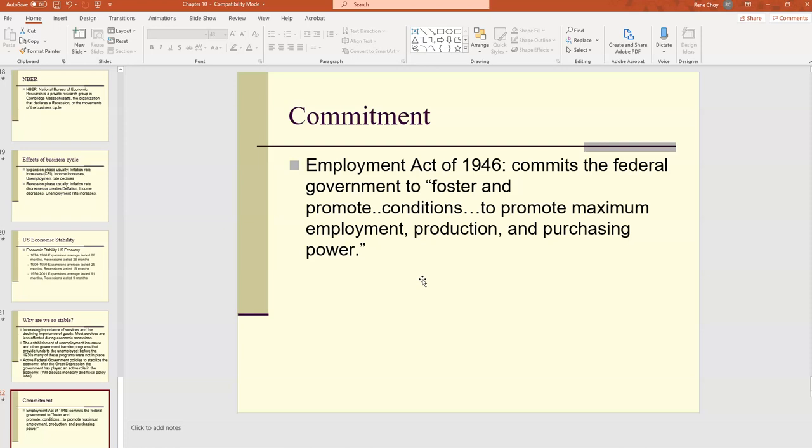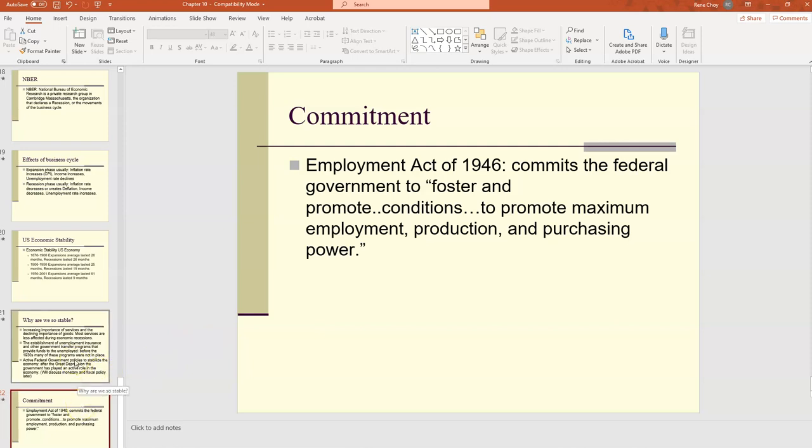Before 1946, it was not the role of the government to do that, so it was sort of hands-off behavior by the government. Since the 1950s, the government has become a much more active participant in economic recessions, especially during the downturn.